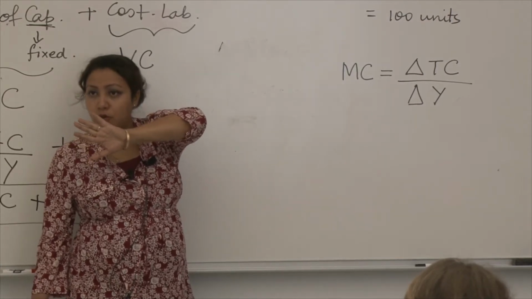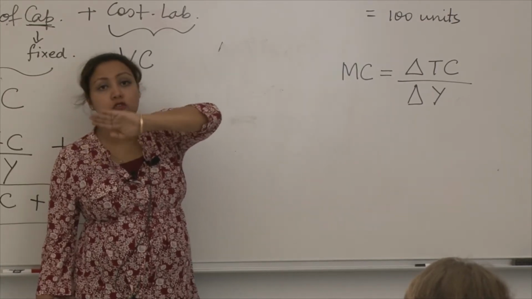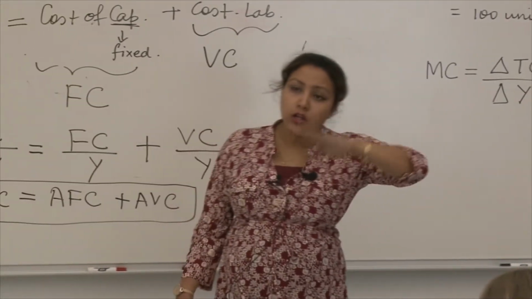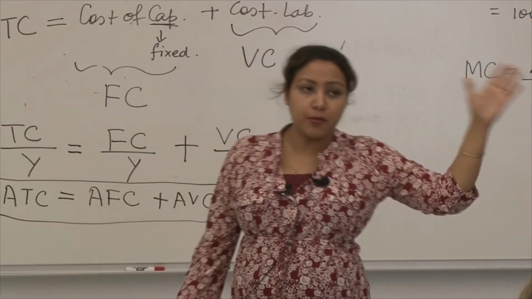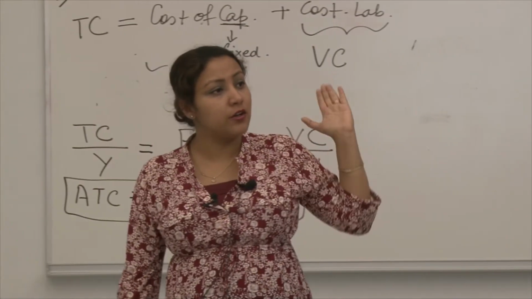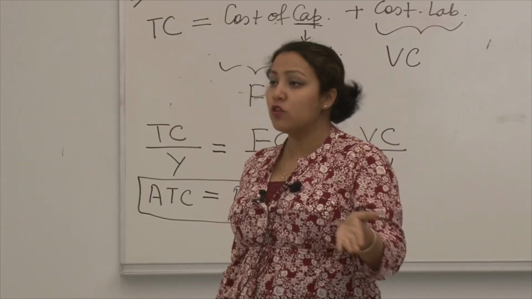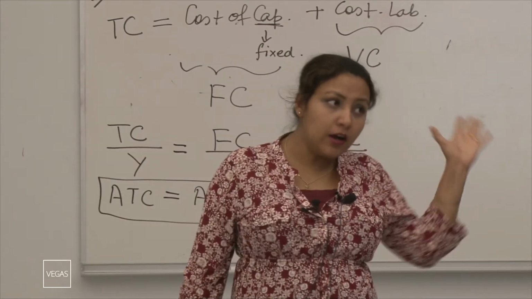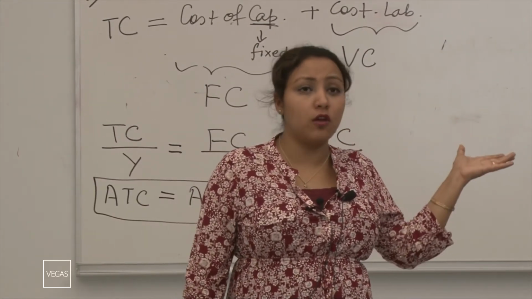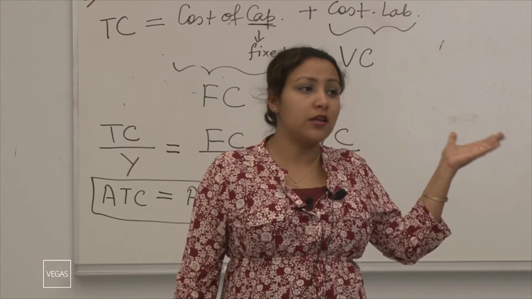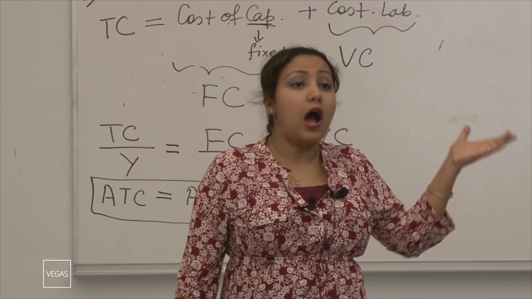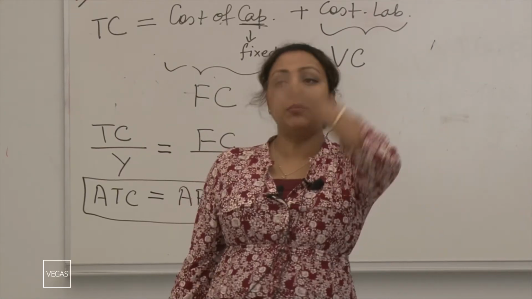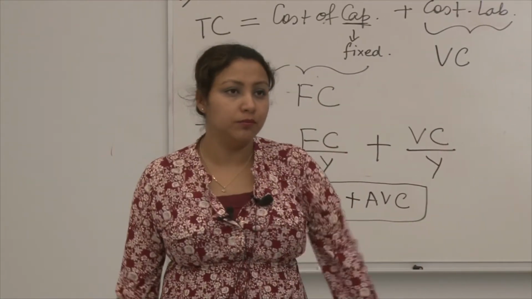Okay? Do you understand? Total cost will always increase if I produce more. If I produce 11 shirts instead of 10, it will always cost me more to produce 11 than 10. But when I am capturing marginal cost, I am asking myself: how much is my total cost rising due to the production of that 11th one?